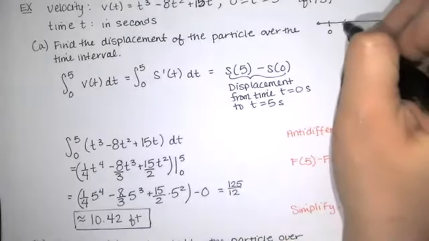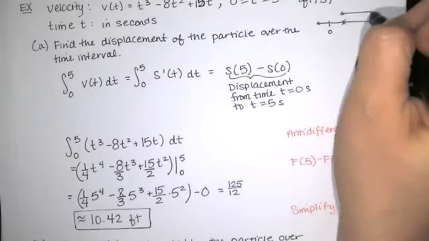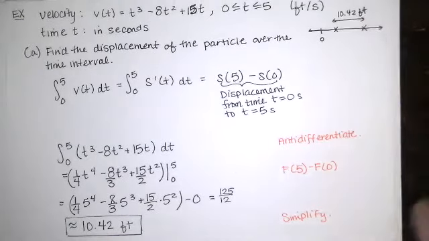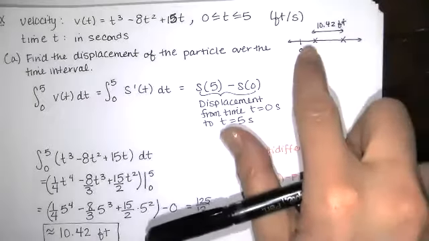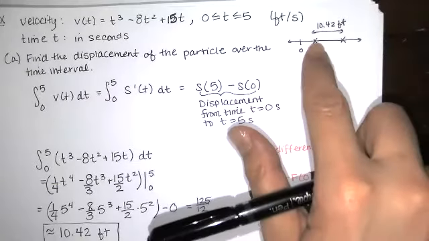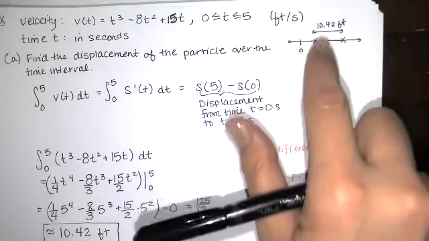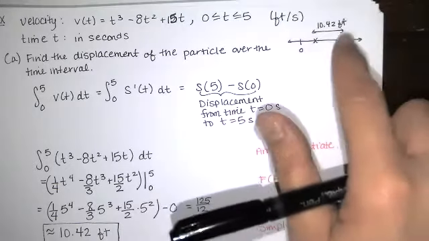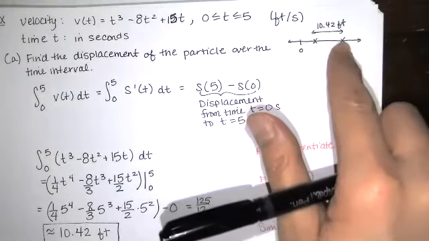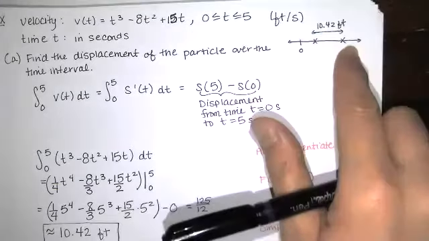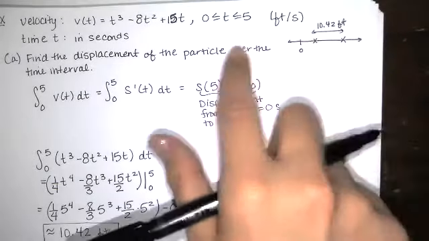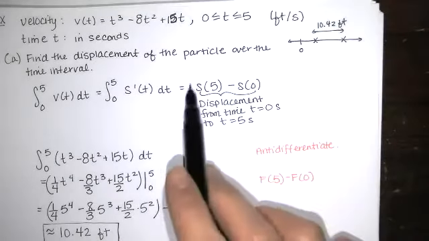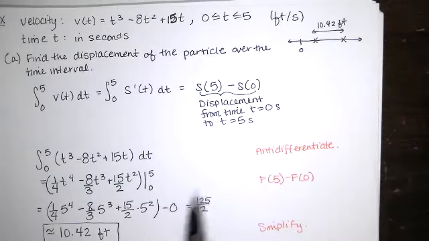Because if I happen to start over here and end up over here, and that's, let's say 10.42 units, 10.42 feet approximately, from time t equals 0 to t equals 5, I went a net of 10.42 feet. It doesn't necessarily mean I went straight from here to here. I could have gone straight from here to here and then back. I could have gone backward and then forward a little bit, or gone backward and then gone forward past that. And there'd be all this extra distance that I'm traveling as I move back and forth that it would not be accounted for by this displacement.